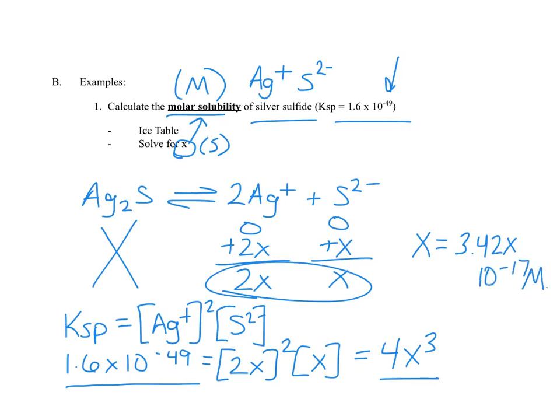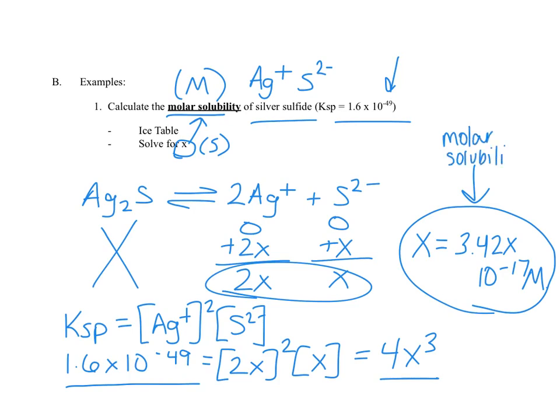Units for this are in molarity, so this is my molar solubility. That basically means that 3.42 times 10 to the negative 17th moles per liter of silver sulfide will dissolve in water.